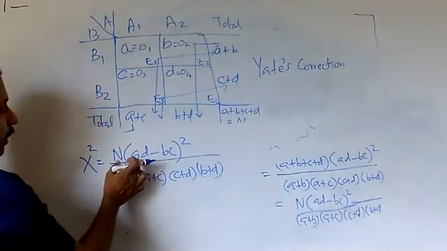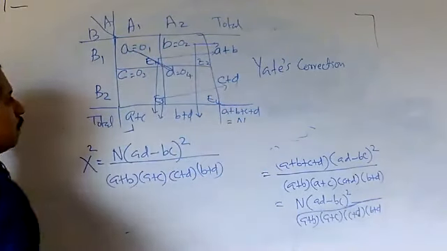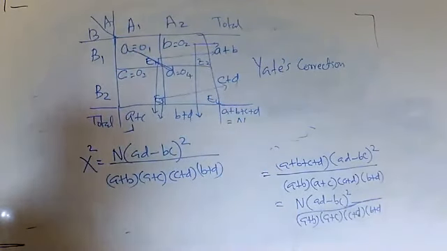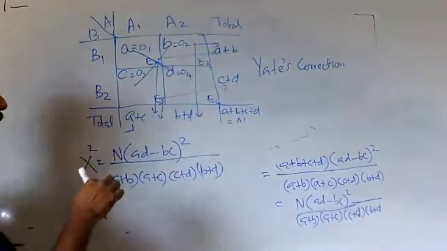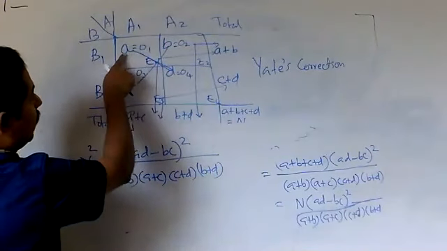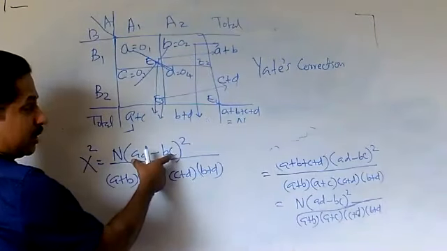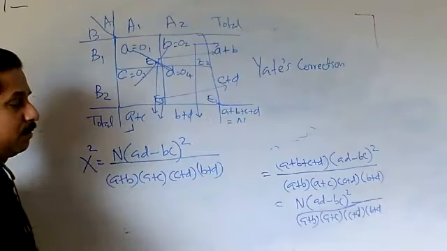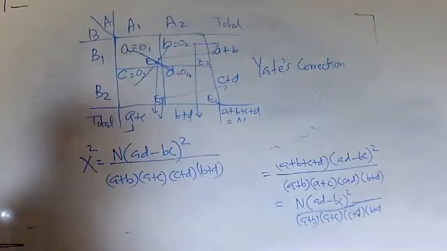Then AD means the product of A into D, that minus B into C is a cross multiplication of these two opposite corners, A into D, then minus B into C. That is this difference. Then take the square of that and divide by the product of row and column totals.